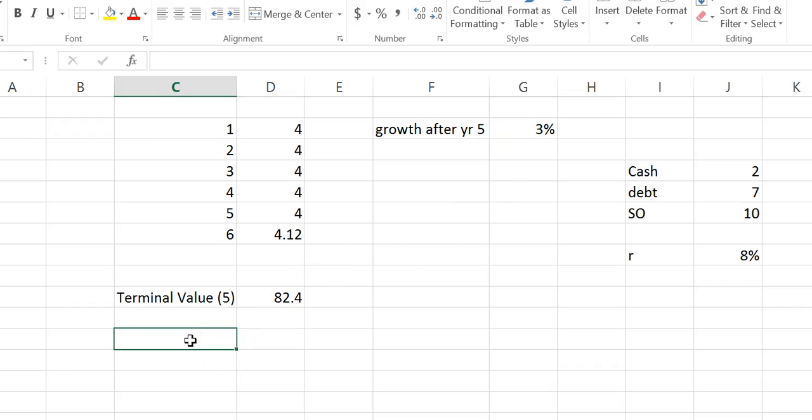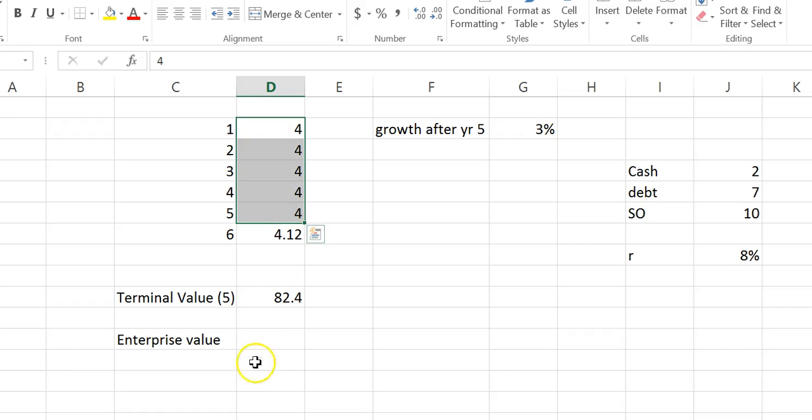Next step is to compute enterprise value. I can compute this as the present value of those payments here, plus terminal value. So basically terminal value is part of my cash flow in year 5.